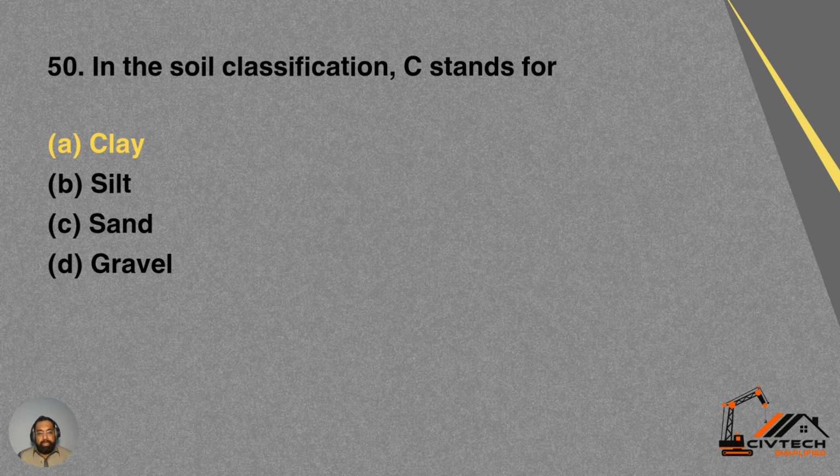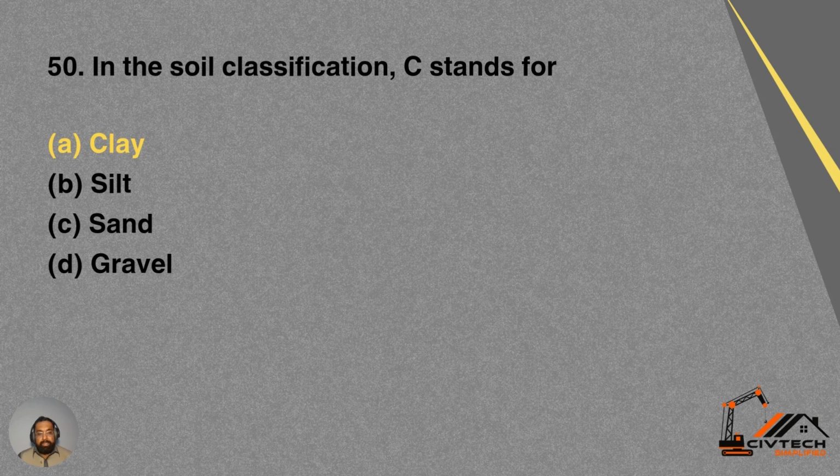Question 50 and last question of today's video part. In soil classification, C stands for. You must have witnessed the soil classifications in which various types of soils are mentioned. So C stands for option A, clay, option B, silt, option C, sand, option D, gravel. So yes, C stands for clay. So A is the correct option for this question.